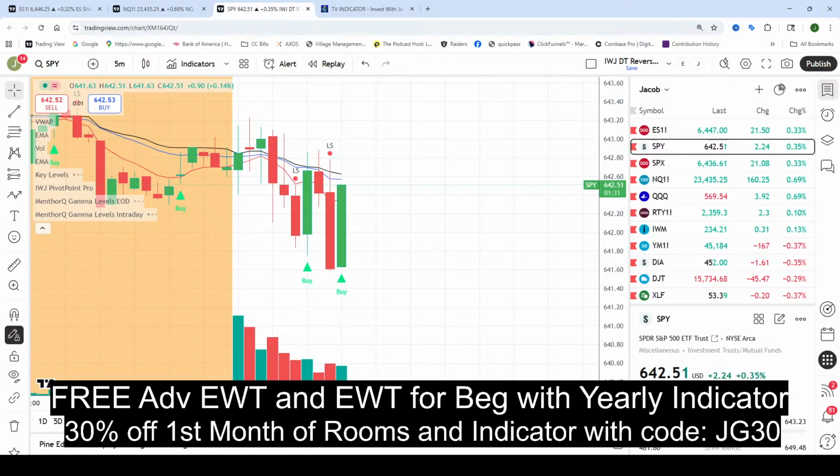Okay, we got a buy signal, and we got in at 1.25. And our stop is going to be 642. This is moving good. Yeah, there we go. We're going to go to that.